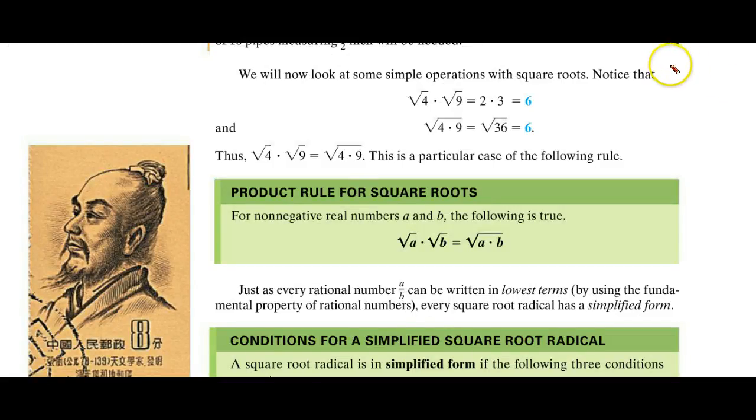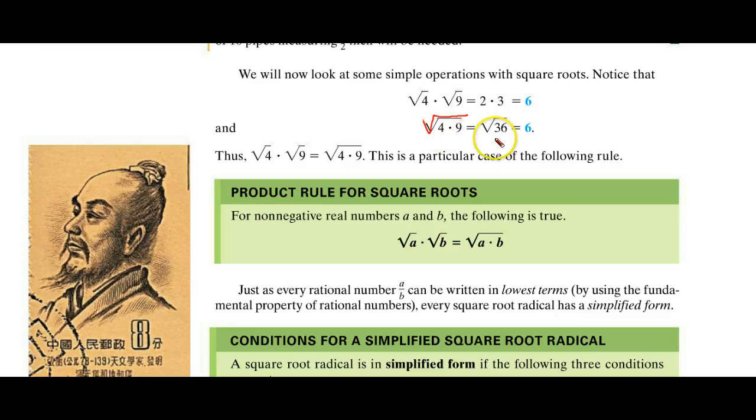Now, some of the things that we're going to do with radicals, for instance, we could take the square root of 4 and get 2, and the square root of 9 and get 3, and 2 times 3 is 6. Now, what they're indicating here, we could have put both of the above radicals under the same radical sign.